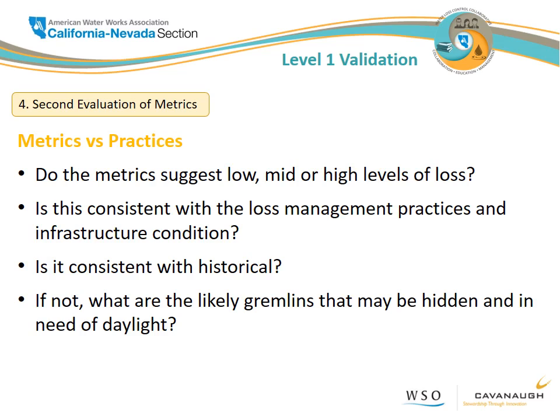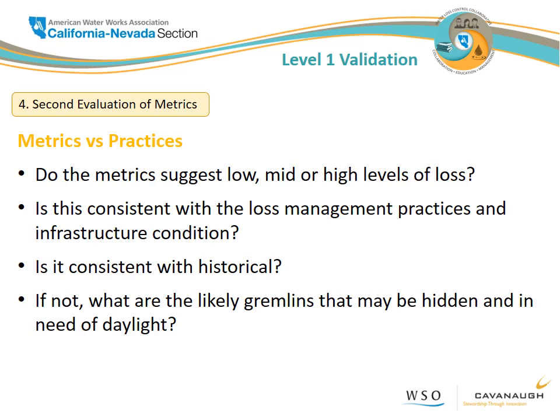The other thing you can look at, again back to that compiler: are our metrics consistent with historical? And we looked at those typical ranges of apparent loss and real loss in gallons per connection per day, as well as the leakage index.